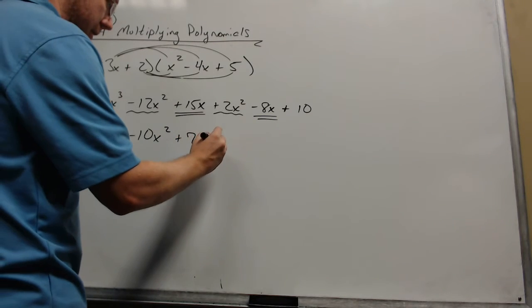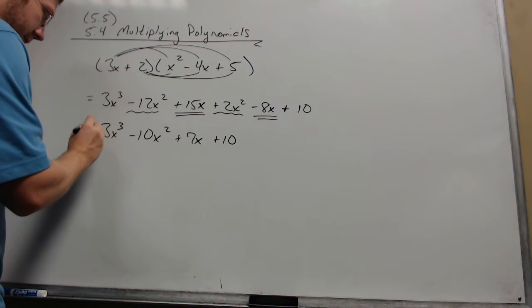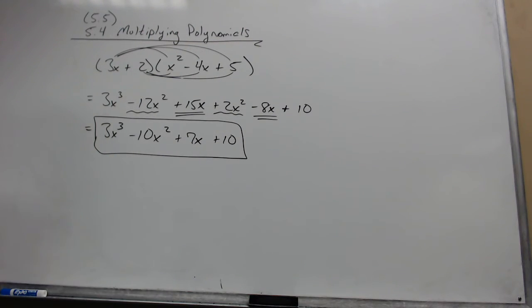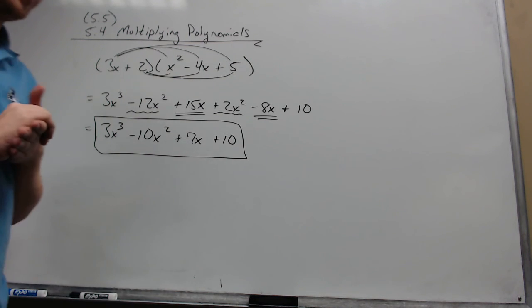And then a plus 10, that constant term is by itself, and now we're done. So, is it more difficult to multiply higher degree polynomials together? No. It's just more possible to make a mistake because you have more pieces of multiplication to do, but there's nothing new or more difficult about it. All right, so that's the end of 5.5.